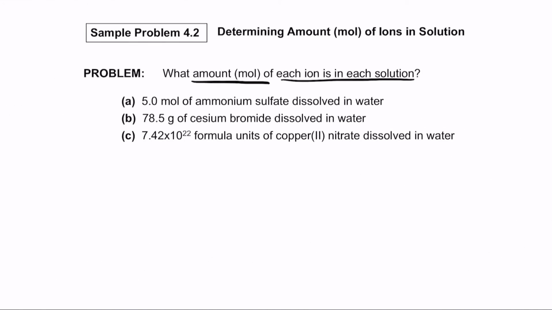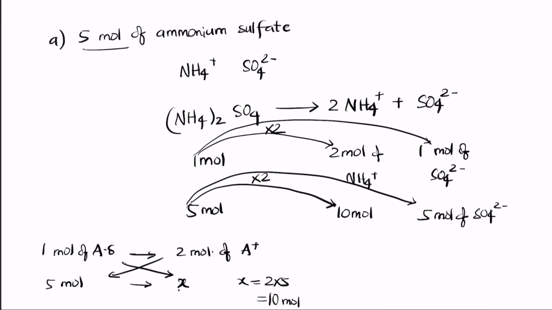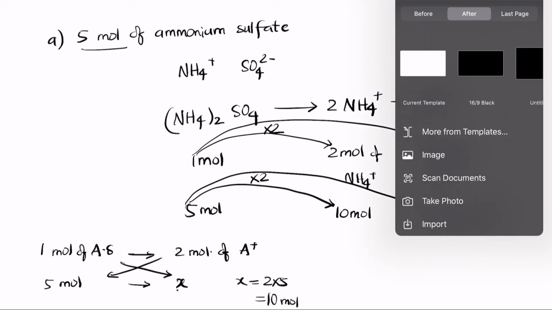Next, let's try B. We have 78.5 grams of cesium bromide. So always convert mass into mole.